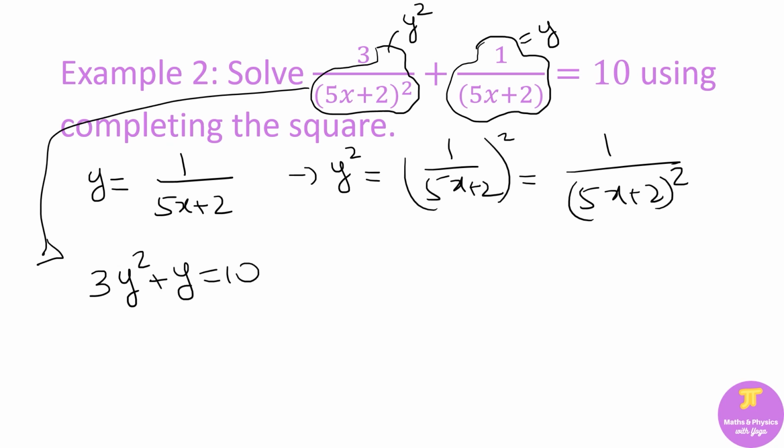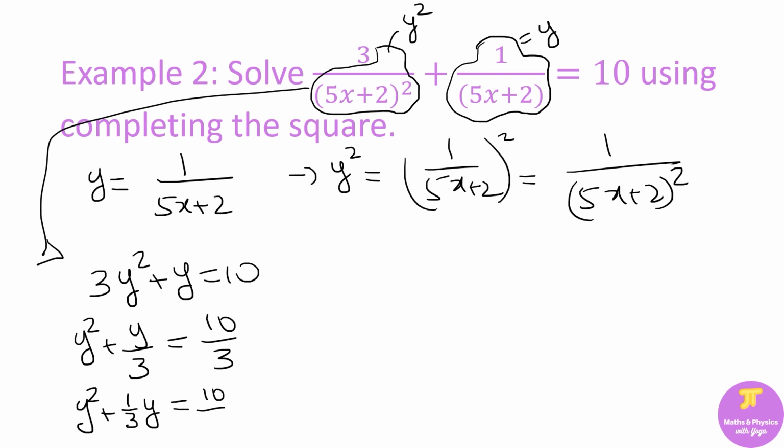What we can do is simplify this by dividing everything by 3. So this is going to be y squared plus y divided by 3 equals 10 divided by 3. Let me rearrange this one again. Y squared plus 1 over 3 y equals 10 over 3.